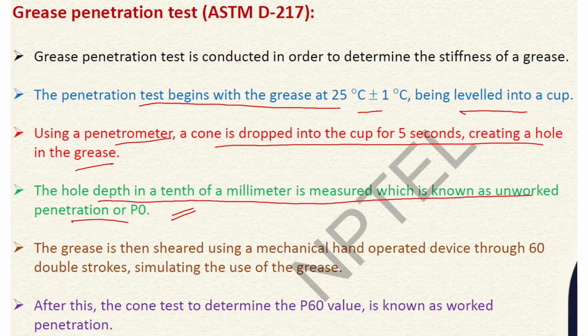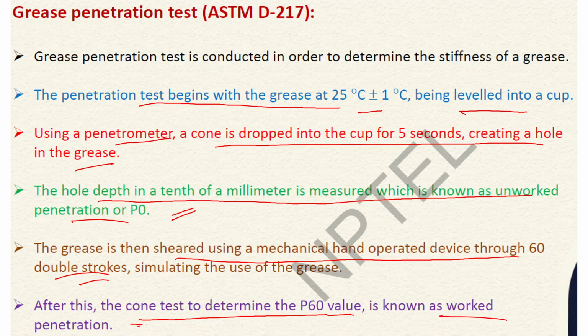Further, this grease is sheared using a mechanical hand-operated device through 60 double strokes. If we stroke it like this 60 times, then we can assume this grease as worked, or applied in some application. Then again this test is done, which gives us a P60 value, which is the worked penetration.